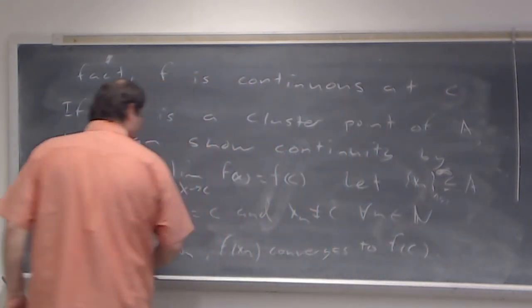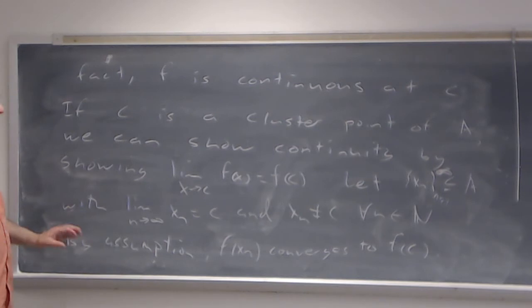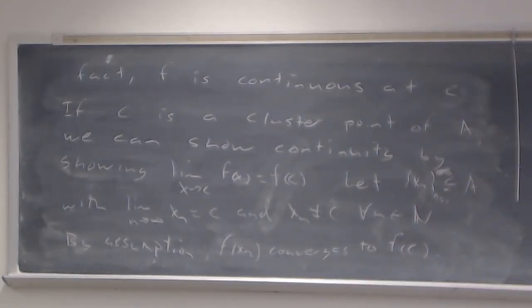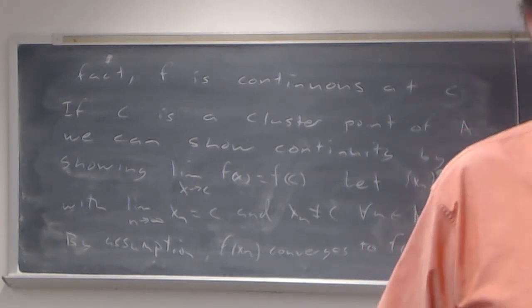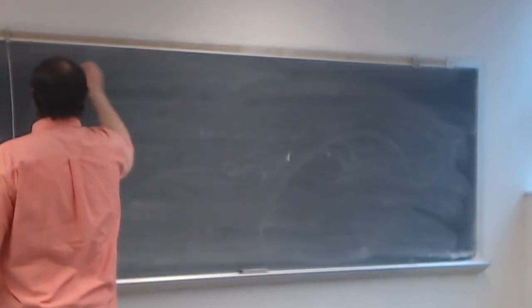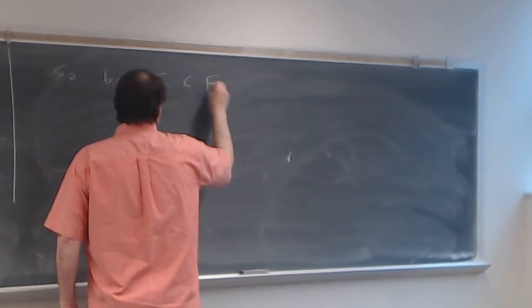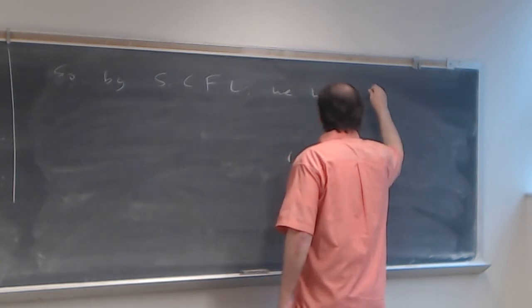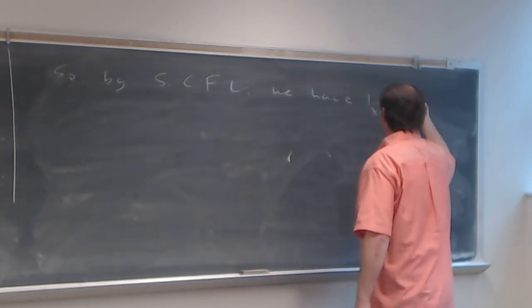Thus, by the sequential criteria for function limits, we get that the limit as x goes to c of f of x equals f of c.